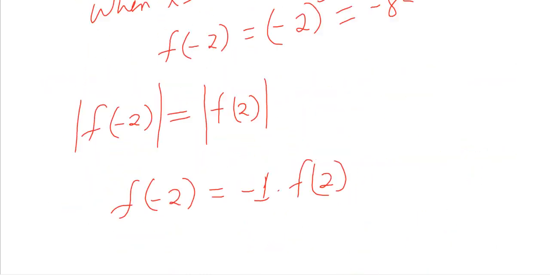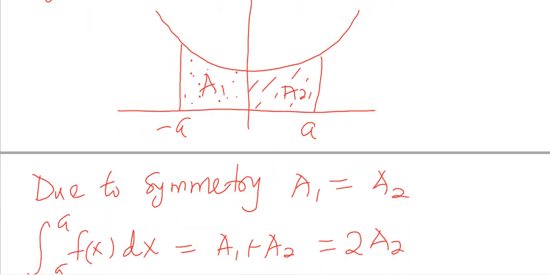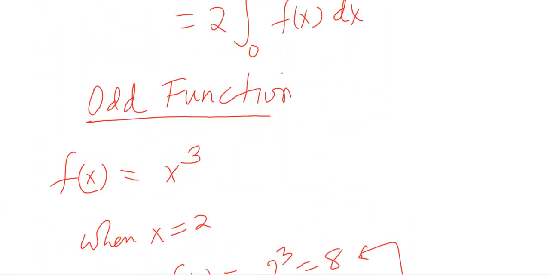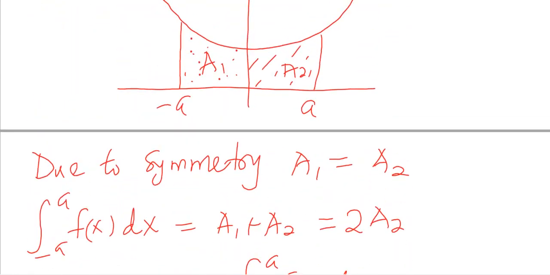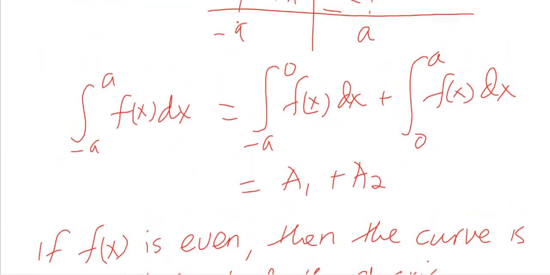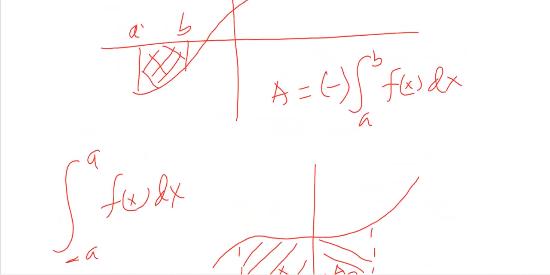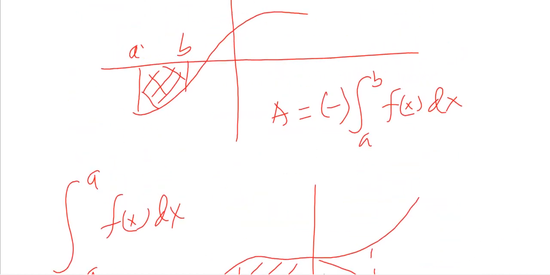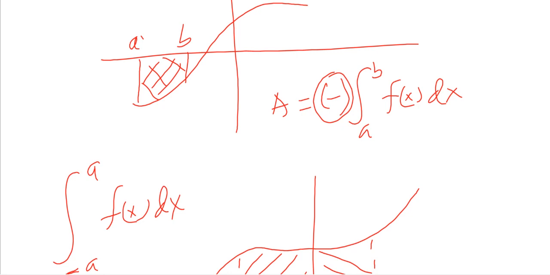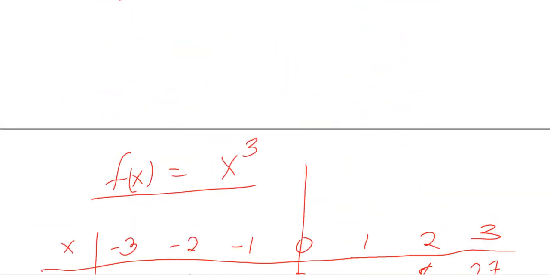Remember when you are evaluating the area under the curve, as we said above, if a region is below the x-axis, there is this negative. So if you were to work out this quantity here, you would actually get a negative value. We multiply by -1 because it has to be positive.